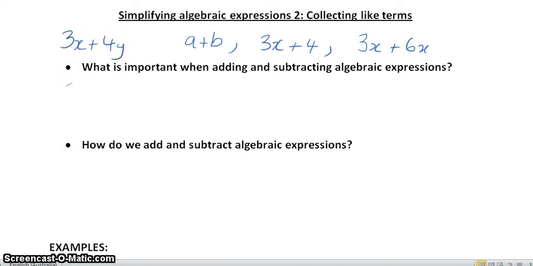So the important thing when we're trying to add or subtract these types of algebraic expressions is that they must have like terms.